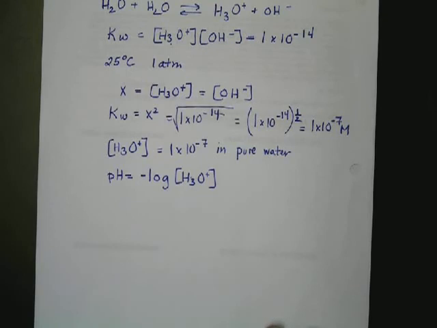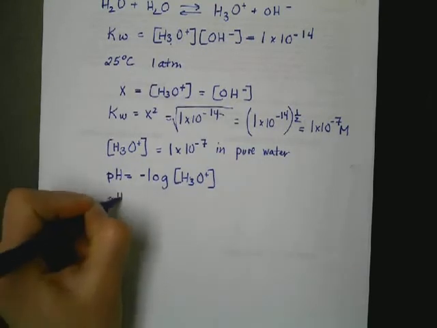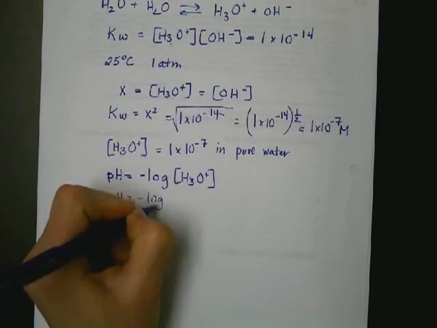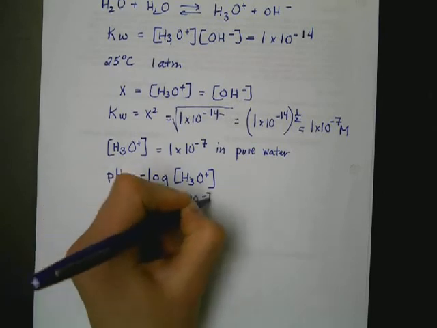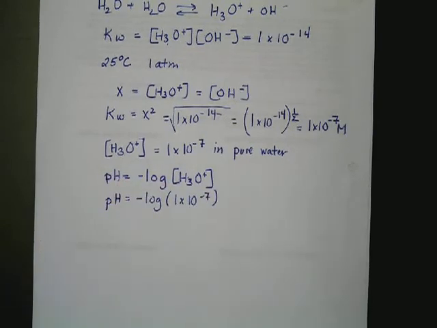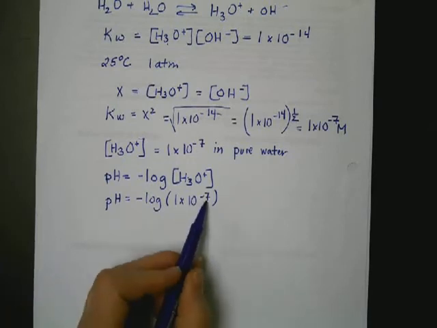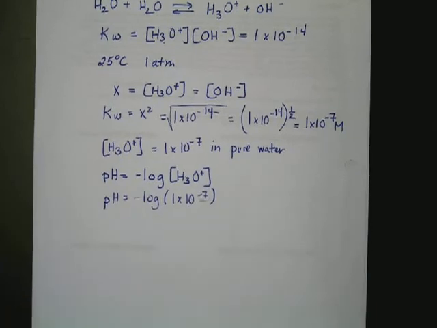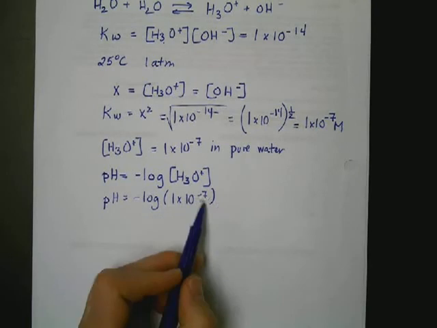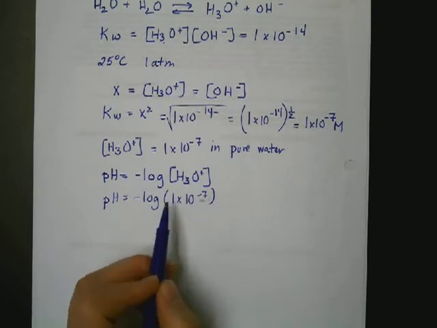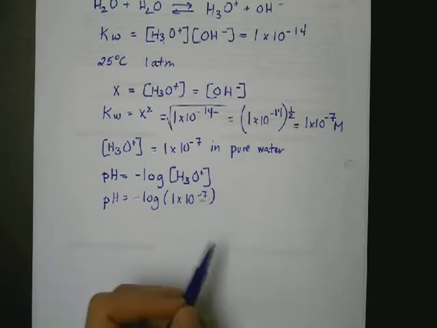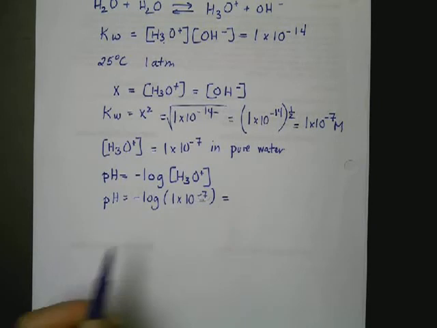So in pure water, what is the pH? 7. For those of you that don't know what log is, it's a button on your calculator. But actually, it just takes the exponent when this number is 1. If this number is not 1, then it's a bit harder to do in your head.